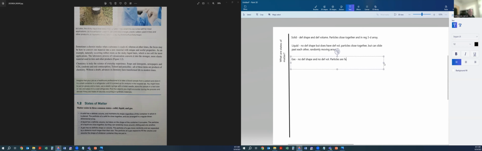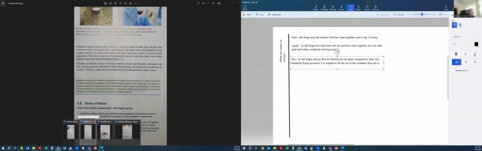Particles are far apart compared to their size, randomly flying around in three dimensions. They expand to fill the volume of the container they are in.